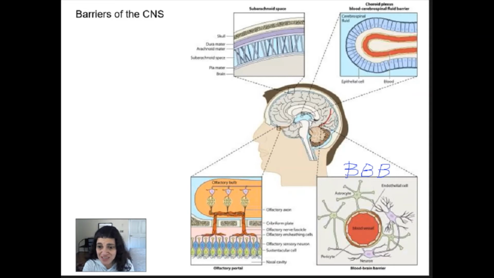You see how the blood vessels here, these little capillaries, are hugged by astrocytes and by neurons. This hugging is a filter, a barrier to avoid substances that would be toxic for the brain passing through, okay? Another super important barrier is the subarachnoid space.